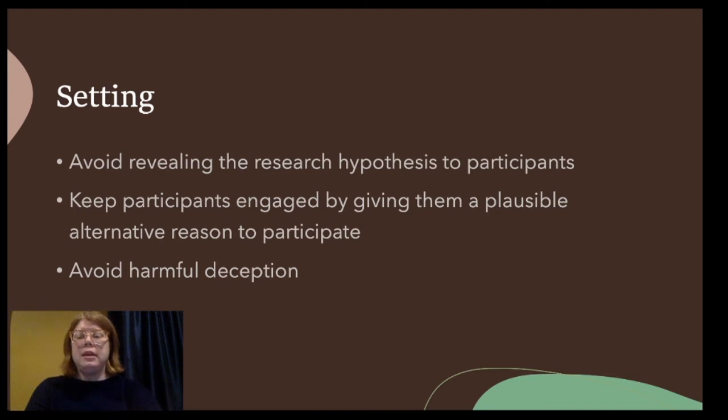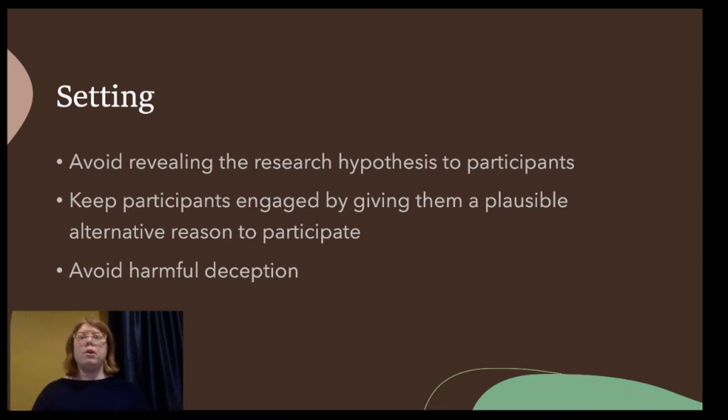Notice that in the Claude Steele stereotype threat experiment, participants were told that they were taking a test, or that they were validating a testing instrument. They weren't told that they were assessing how well people of color or how well women did on tests. They were told what to do, but they weren't told why they were doing it.